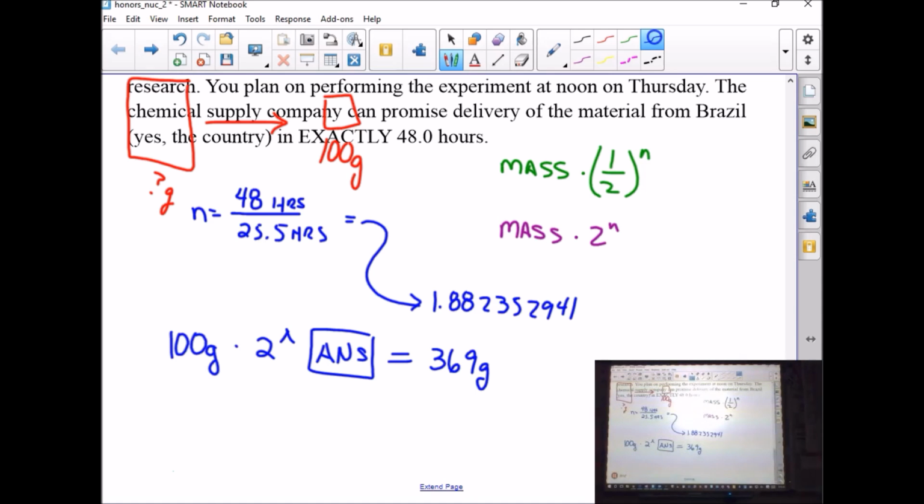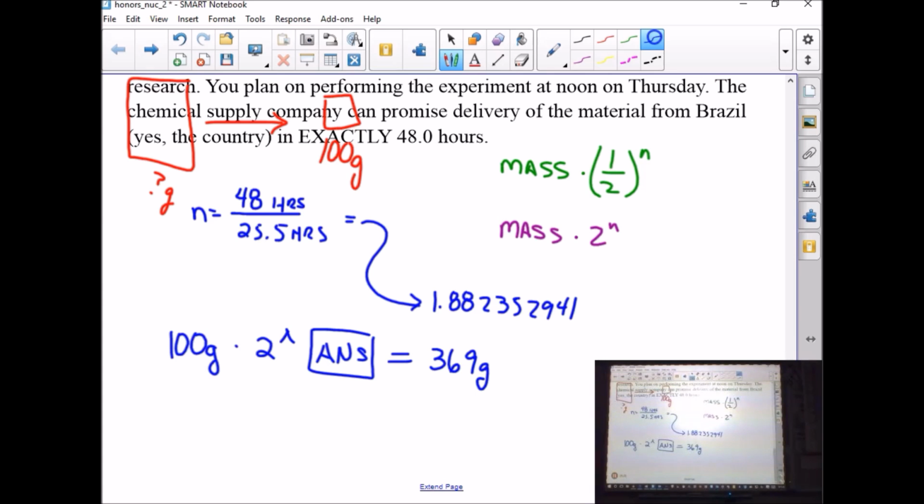Show me your calculator. Okay, so it's second, and then it's the minus button. See a little A and S above it? There you go.